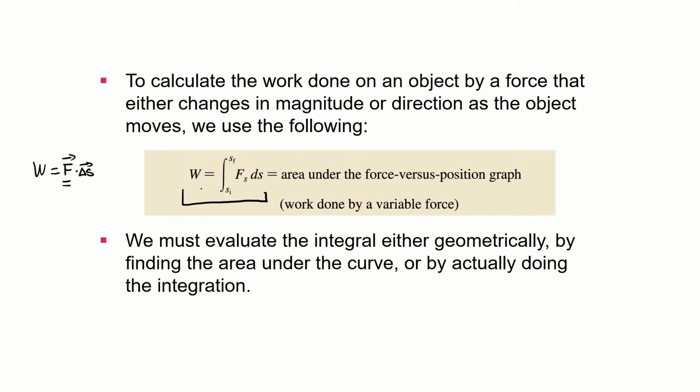This was for a constant force, and it was because we were able to pull that force out of the integral. Well, now we're in a different situation where that force isn't constant, so we can't pull it out. But since we know how the force on a spring relates to position, we can actually perform this integral.